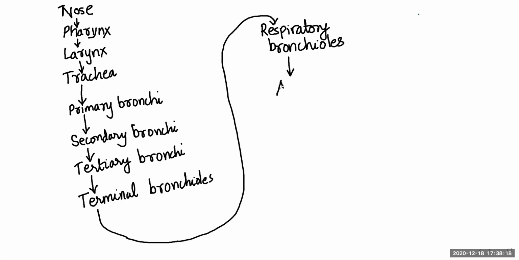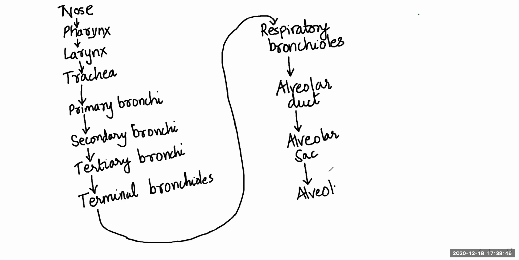Respiratory bronchioles will open into a small tube called alveolar duct. The alveolar duct will have alveolar sac or a bag in it, and that alveolar sac is divided into individual, it's like a bunch of grapes, individual structure called alveoli.